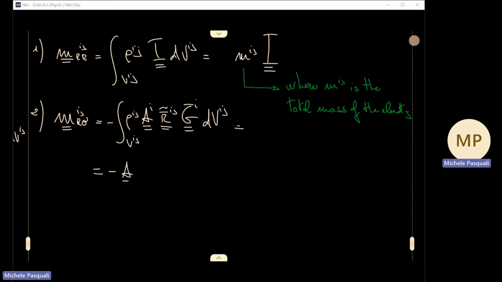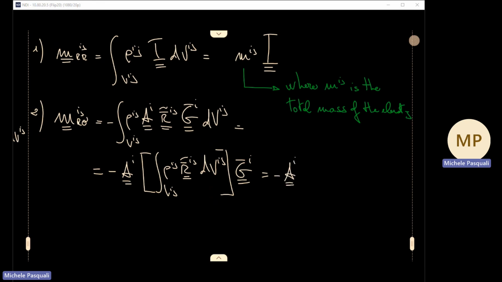And so we write it like this: square brackets of the integral over the volume, the density, and then V_j. Right, then we have G. And this we typically write as minus A_j, then we have a vector r tilde_ij, and a G.